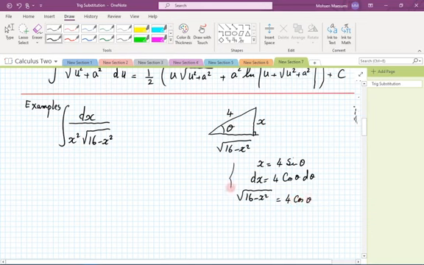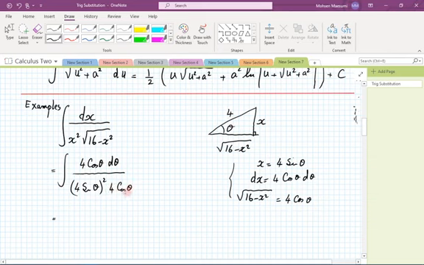Once we have these three, we can complete our substitution. Instead of dx, I have 4 cosine theta d theta. Instead of x squared, I have 4 sine of theta squared, and instead of this radical, I have 4 cosine theta.